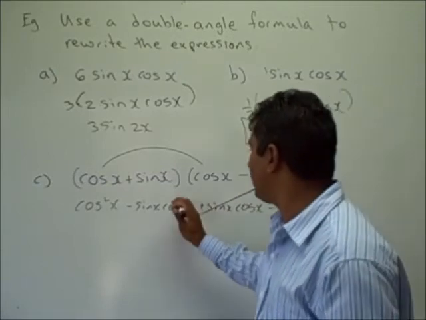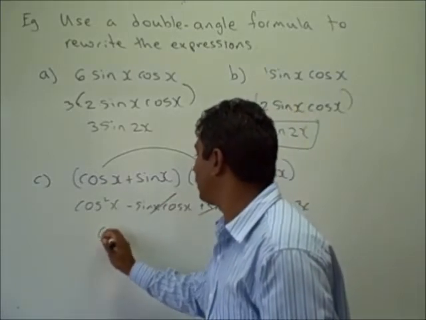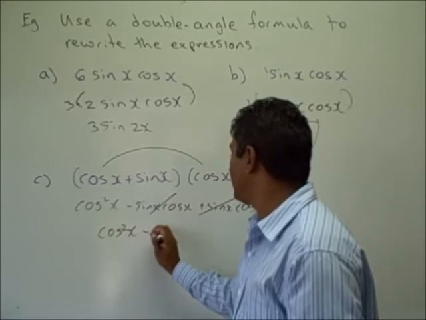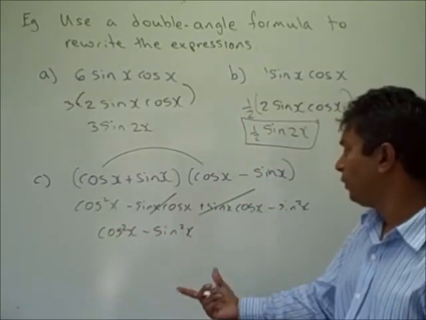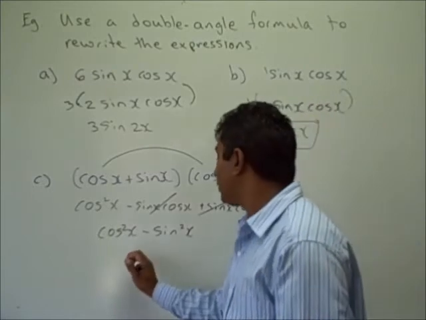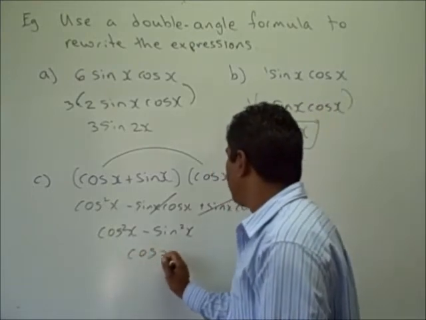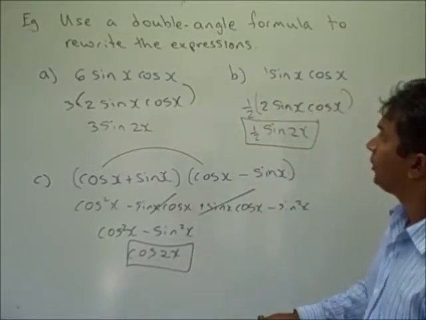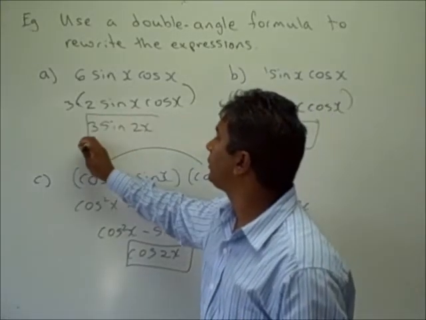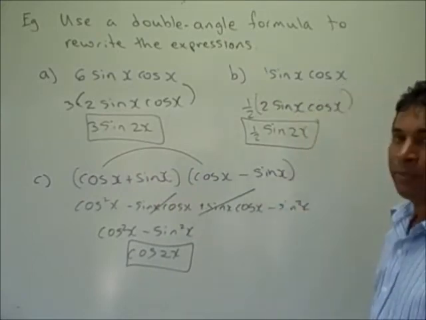Here we can see that the two middle terms will cancel, leaving us with cosine squared x minus sine squared x. We know this to be the identity for cosine of 2x. So here we have used our double angle identity to rewrite these three expressions.